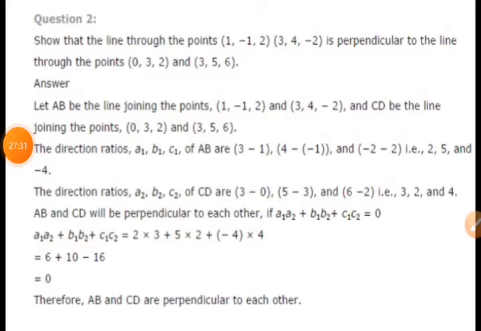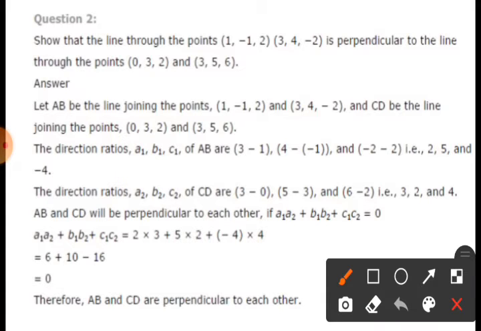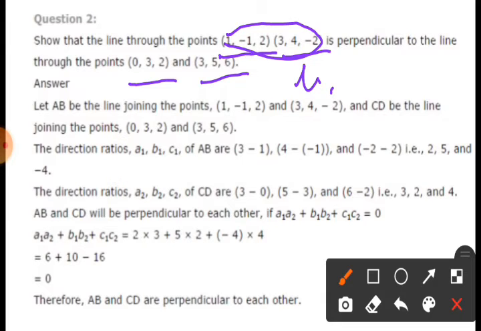Okay, next question number 2. Show that the line through the points 1, minus 1, 2 and 3, 4, minus 2 is perpendicular to the line through the points 0, 3, 2 and 3, 5, 6. The concept of this question: we have one line, L1, the line joining the two points, and another line, L2.